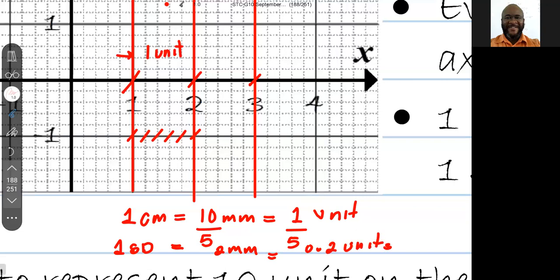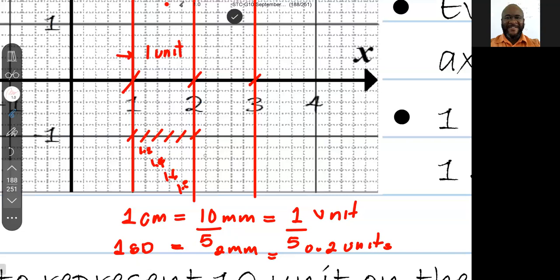So what this is saying is that if here is 1, this would be 1.2, this would be 1.4, this would be 1.6, this would be 1.8 and then 2.